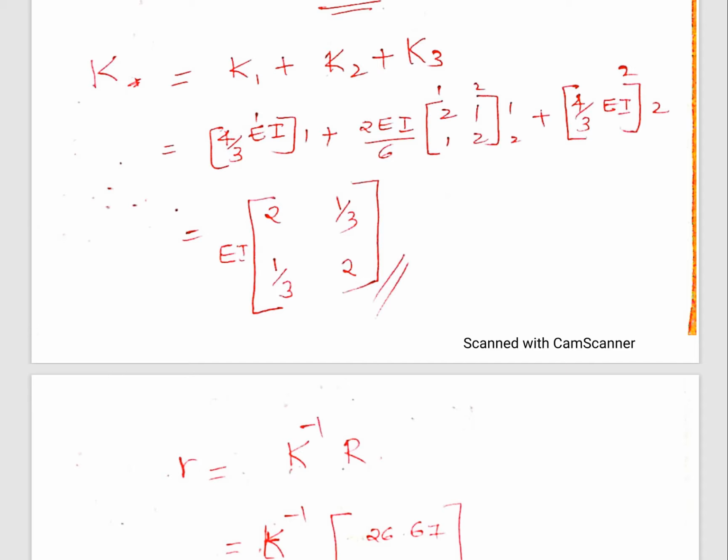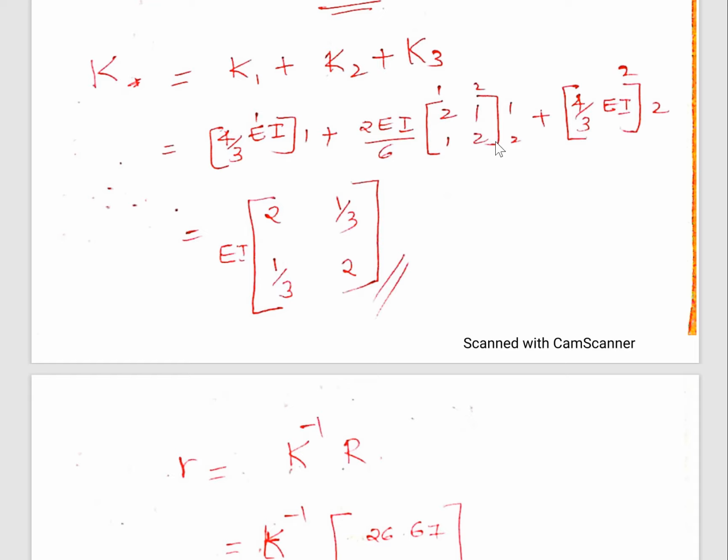Now let's obtain the total stiffness matrix for the whole beam or the whole frame by superimposing the stiffness matrix of each element. So capital K is equal to capital K1 plus capital K2 plus capital K3. K1 is for the 1st element, and K2 has 2 columns and 2 rows.